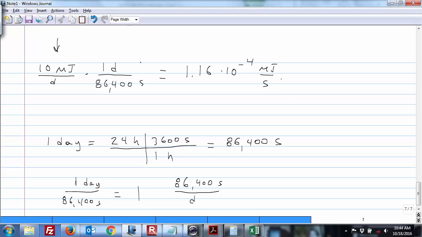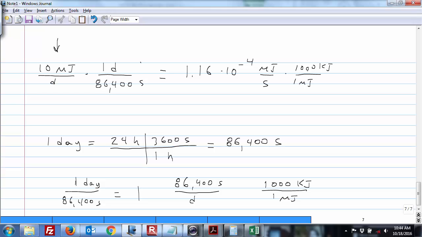Now, to get to kilojoules, I know that there are 1,000 kilojoules per 1 megajoule. So I can now multiply this by 1 megajoule, and here is 1,000 kilojoules.